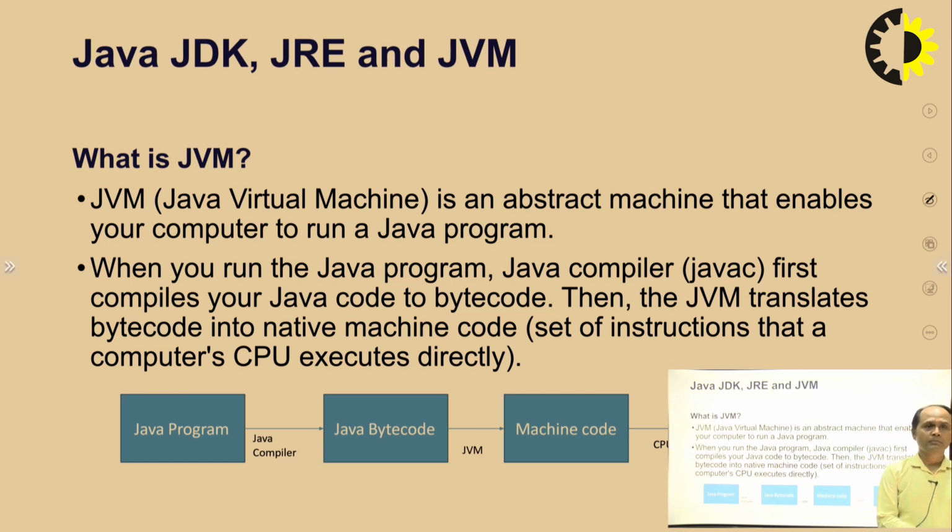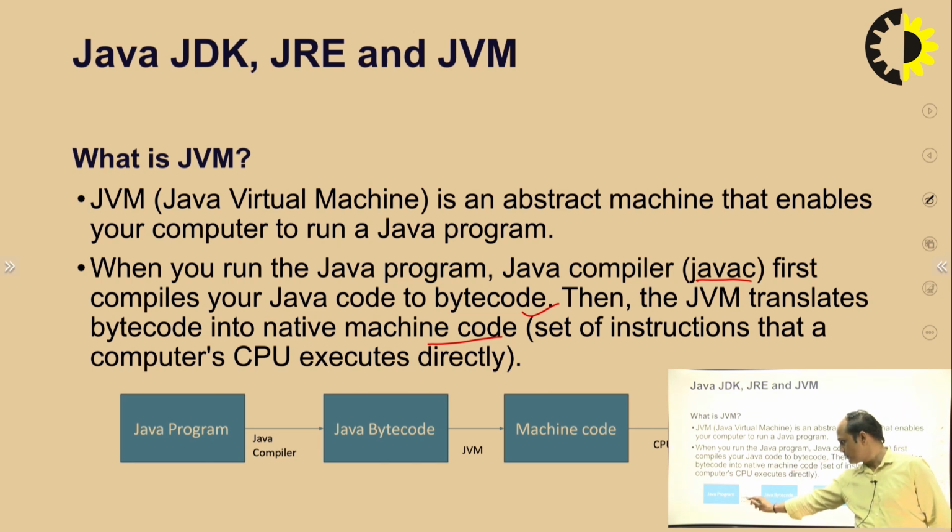When you run a Java program, the Java compiler first compiles the Java code to bytecode, then the JVM translates that bytecode to native machine code. These are the instructions that a computer executes directly.